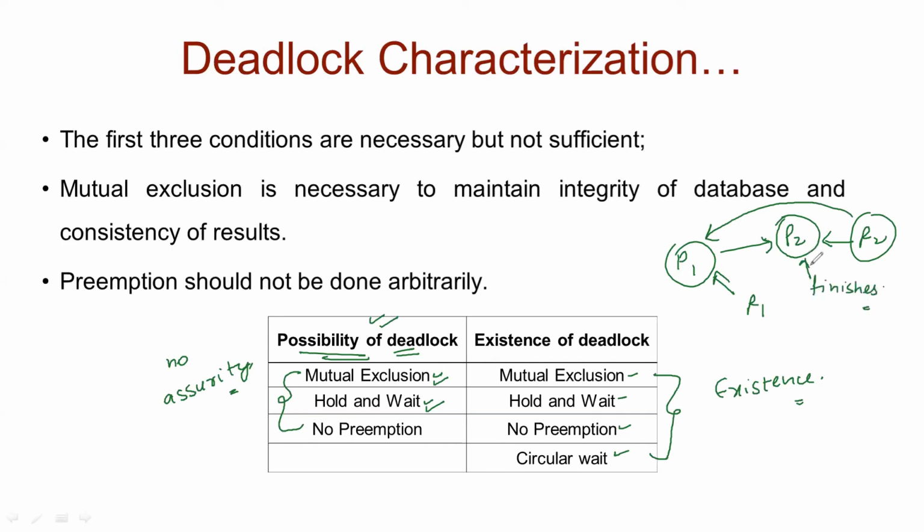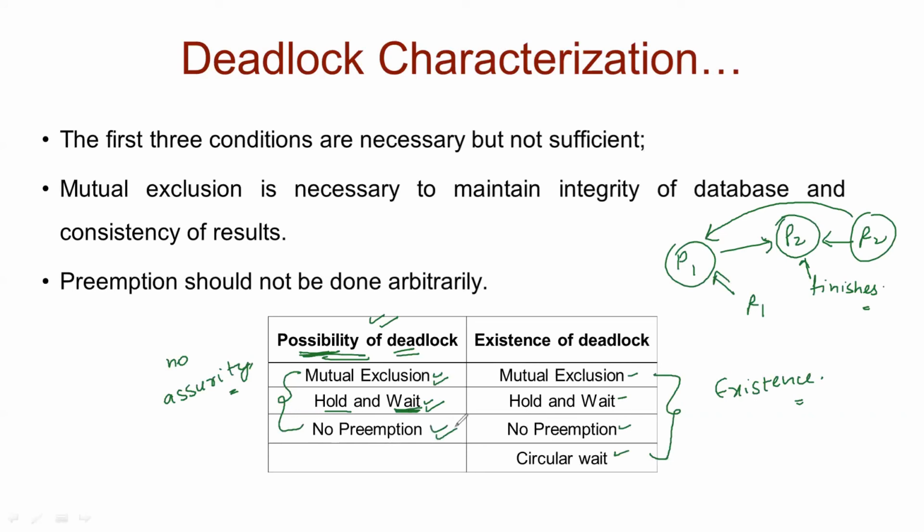It is not necessary that P2 is also waiting. It might or might not be waiting. So if there is any process which is holding a resource and it is waiting for other resource, then there is possibility of deadlock. However, there is a chance that it can get the resources for which it is waiting. So it is a necessary condition, not sufficient.